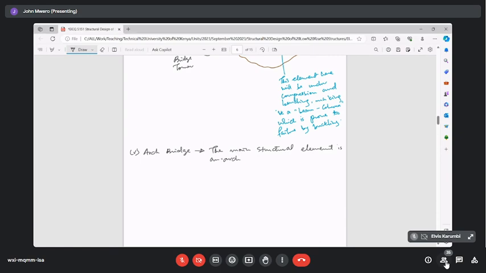Made either of structural steel, reinforced concrete, masonry, etc. Arches carry loading mainly in compression.